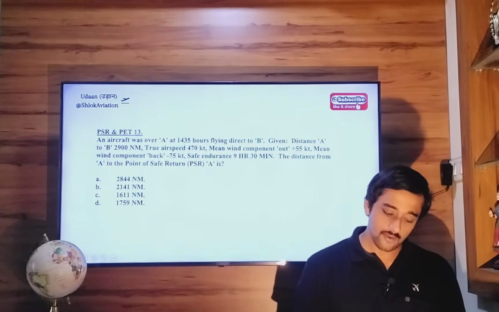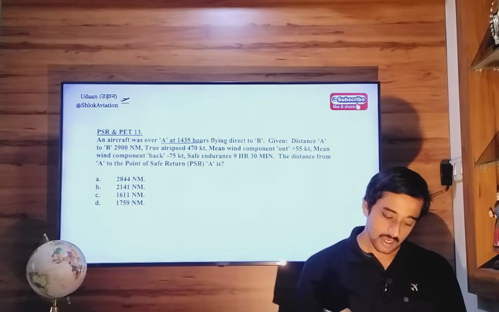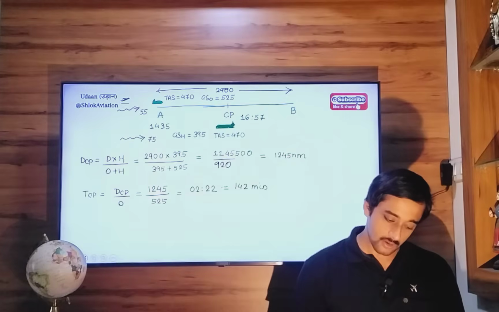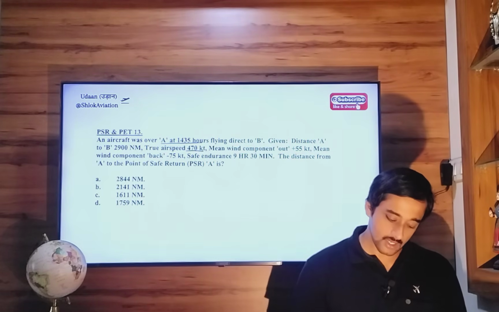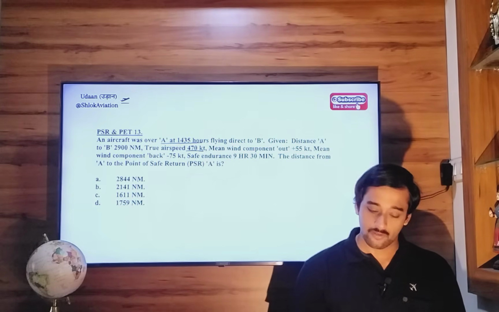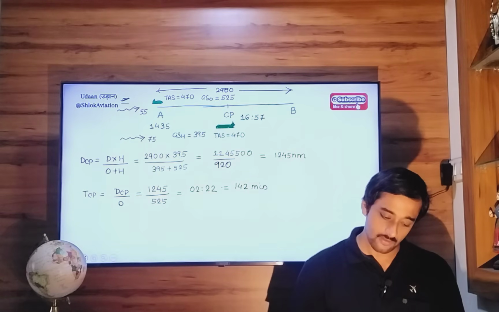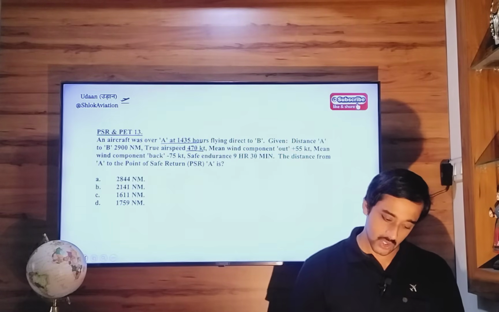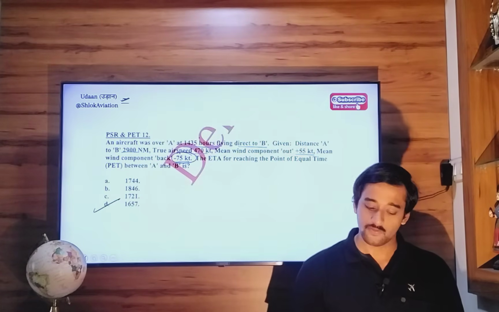Question 13. Aircraft was over A at 1435, flying directly to B. Distance between them is 2900. TAS 470. Outbound component plus 55. Homebound component headwind of 75. So it's similar to the previous question. Safe endurance 9 hours 30 minutes.